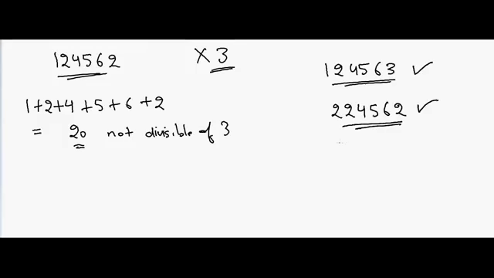Or we can say 3, 5, 6, 6, 2. So what I'm doing is making a modification by changing the number just enough so that the sum will be divisible by 3. In that case the whole number should be divisible by 3. That's how this trick works.